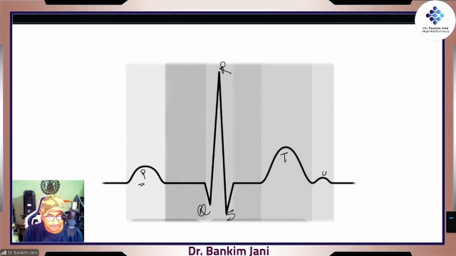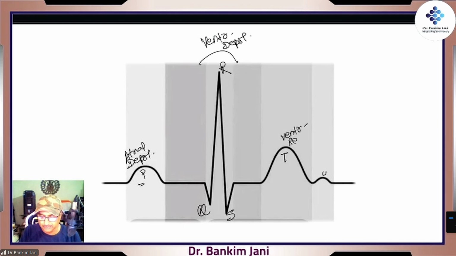So starting with P, as you already know, this is for the atrial depolarization. QRS complex, that is for ventricular depolarization. After that, this is ventricular repolarization.